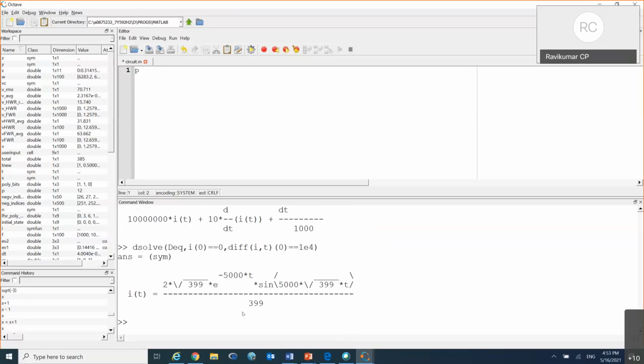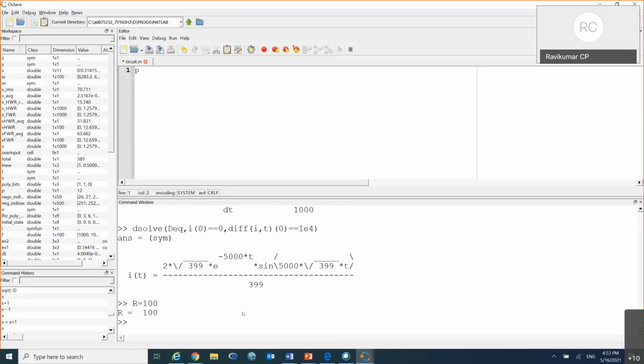Was it interesting? Did you find it interesting? So this is an example of underdamping. If I change R, L, and C, suppose R is very large, suppose I take R equal to maybe 100, then I write the equation with R times di by dt plus L times d square I by dt square.